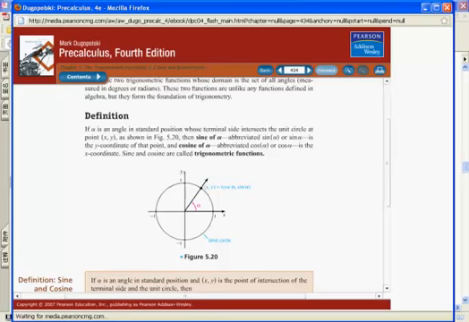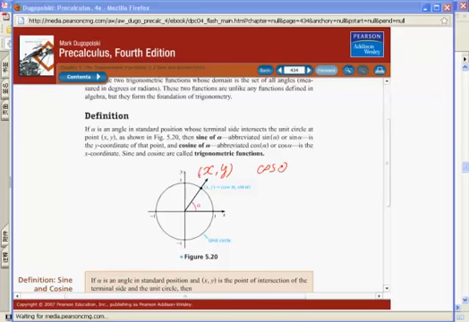You write this here. So we have the point of intersection of the terminal side of this angle with the unit circle, which is x and y. And then with this angle alpha, we can define its sine value and cosine value.